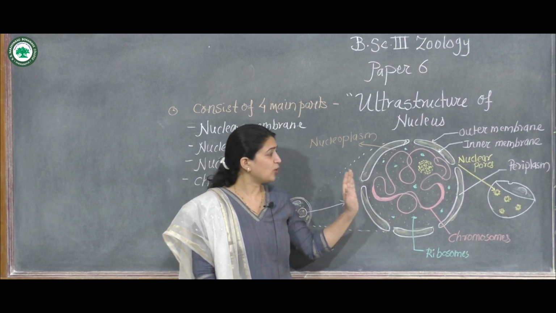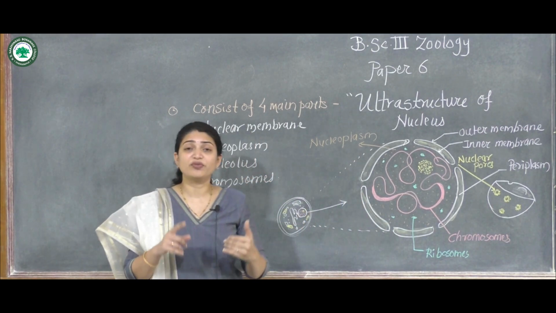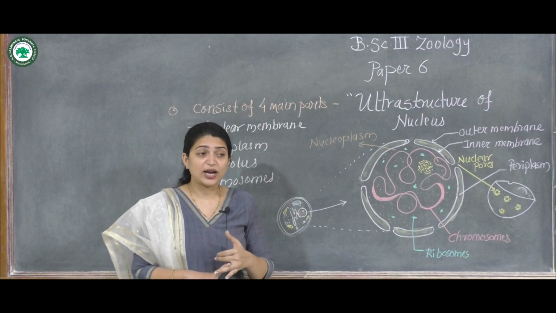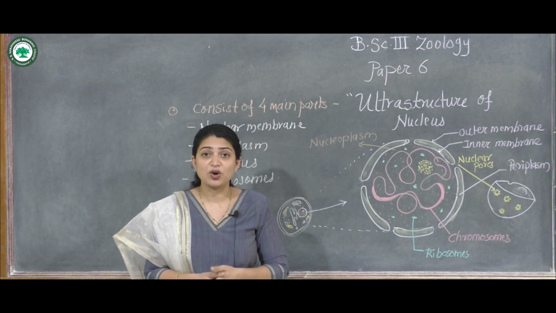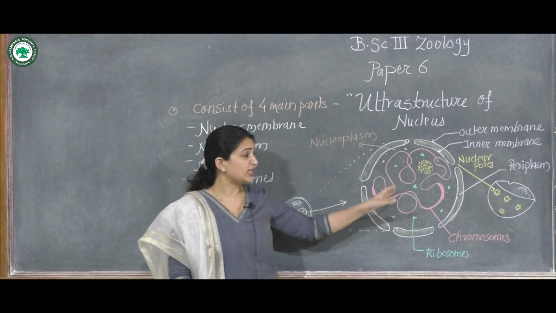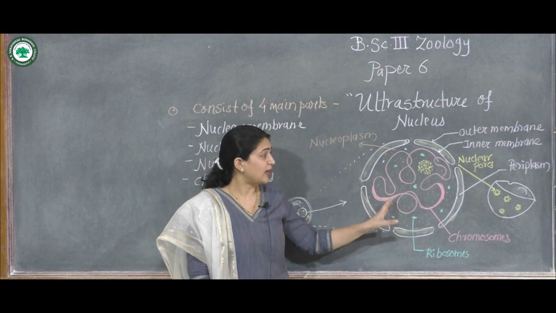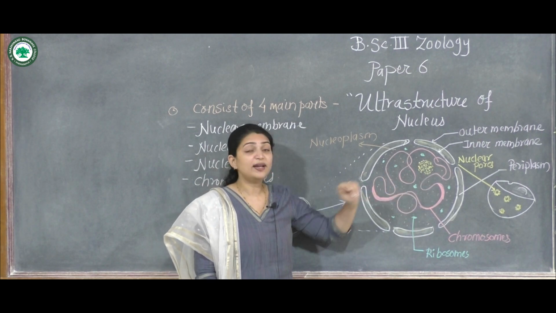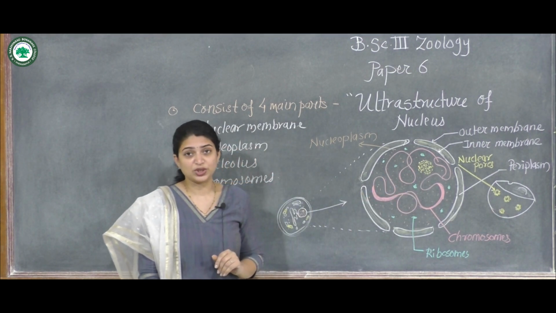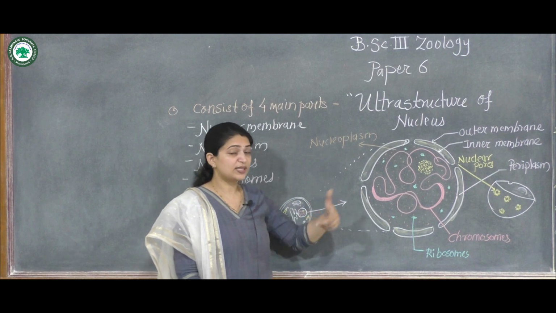In the nucleoplasm there are different kinds of enzymes and organic and inorganic salts. It also contains the most important structure, the chromosomes, and along with the chromosomes there is the nucleolus. We will discuss these one by one.